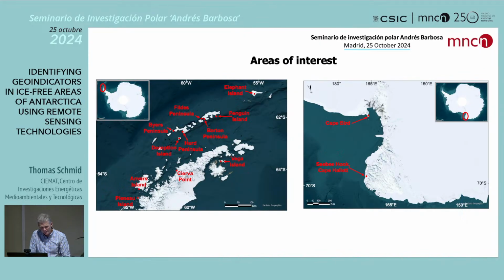So our areas of interest, as I mentioned, are the northern Antarctic Peninsula area on the left-hand side, and areas which I haven't visited, but people in our project have, and they go there occasionally to carry out their research. But the good thing is they bring back soil samples for us so we can analyze them and carry out all the studies of those areas.